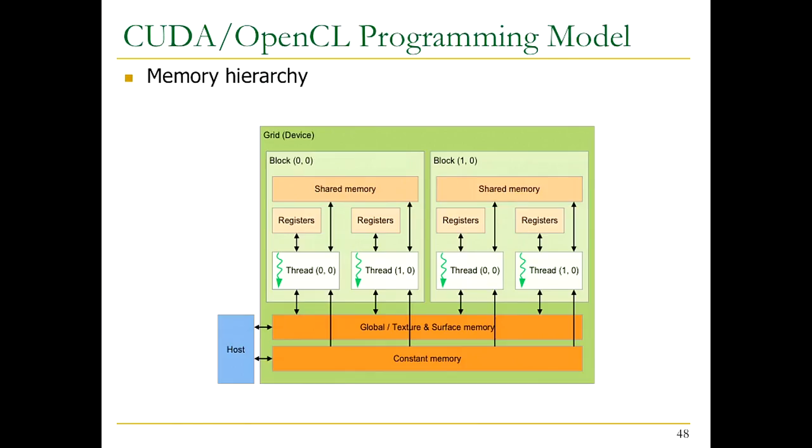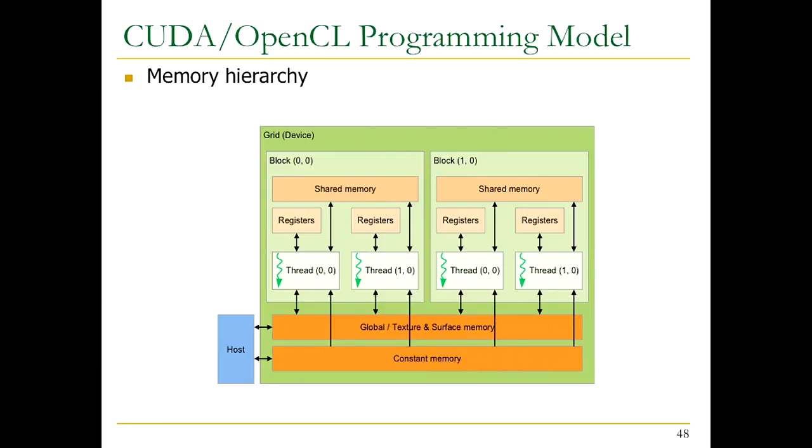Let's take a quick look at the memory hierarchy, because as of now we have only talked about the GPU memory, the device memory, or global memory, which is the standard name for it in the CUDA and OpenCL programming models.